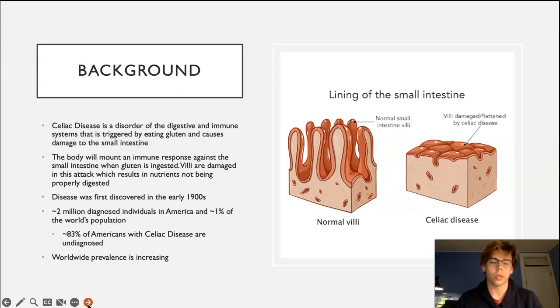When you're just talking about stomach problems, there are so many different conditions that involve stomach aches, and probably half the time people assume it'll just go away. So I think a lot of times that's why it's undiagnosed or even misdiagnosed as other things. One of the reasons I believe the worldwide prevalence is increasing is because people are starting to get diagnosed properly more, so that number is going to go up. People are realizing it's not just a stomach ache, they actually have a serious disease.